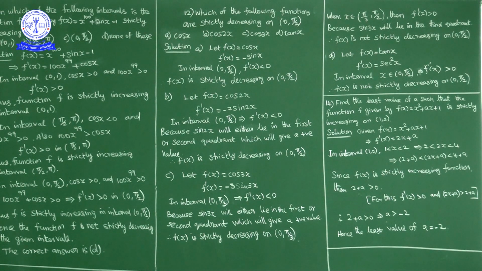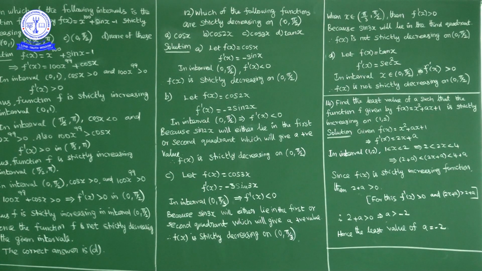In the interval 0 to pi by 2, first quadrant, all 6 trigonometric ratios are positive, so sin x is also positive, but minus sin x is negative. So f dash of x is less than 0.